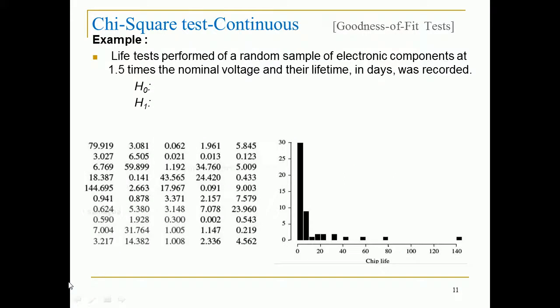Now, the example that we discussed is for a discrete type of distribution. Now I'm going to discuss a case in which you are testing for a continuous distribution. In this example, we have a life test performed on a random sample of electronic components at 1.5 times the nominal voltage, and their lifetimes in days were recorded.